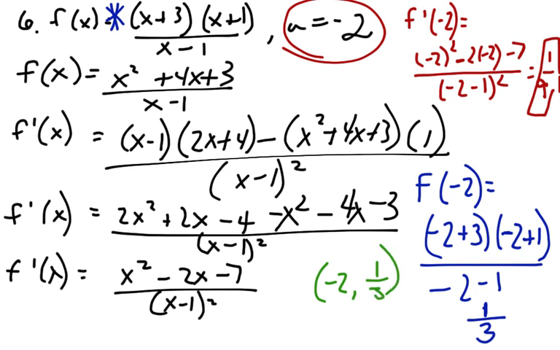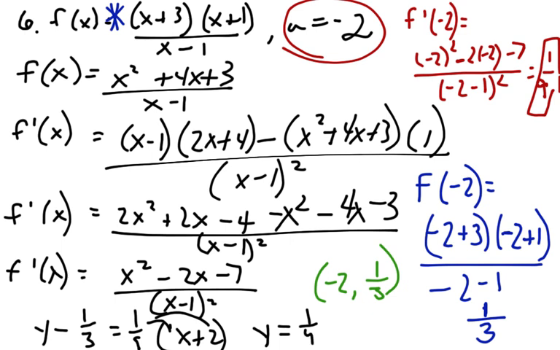So now I'm ready to write my equation in point slope form, which would be y minus 1/3 equals 1/9 times x plus 2. If you wanted to distribute that and add 1/3 to both sides to get it into slope-intercept form, that'd be y equals 1/9 x plus 5/9.